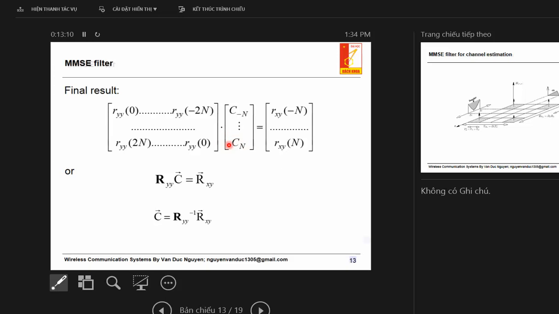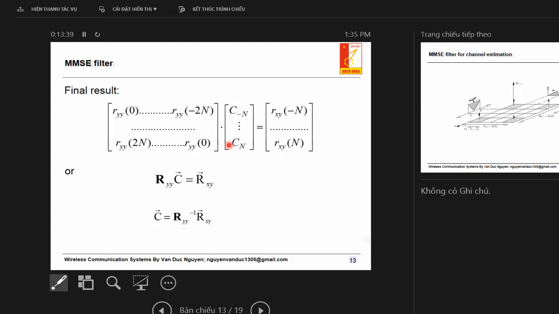In this relation you can see we have an autocorrelation matrix. The autocorrelation matrix multiplied with the filter coefficients results in the cross correlation matrix.